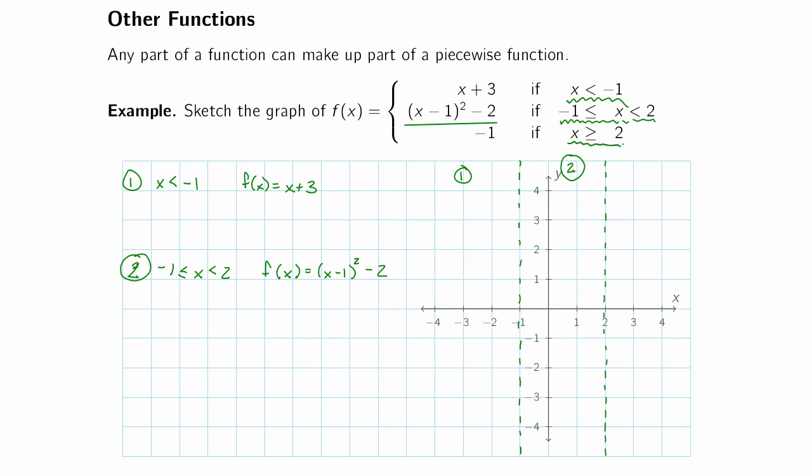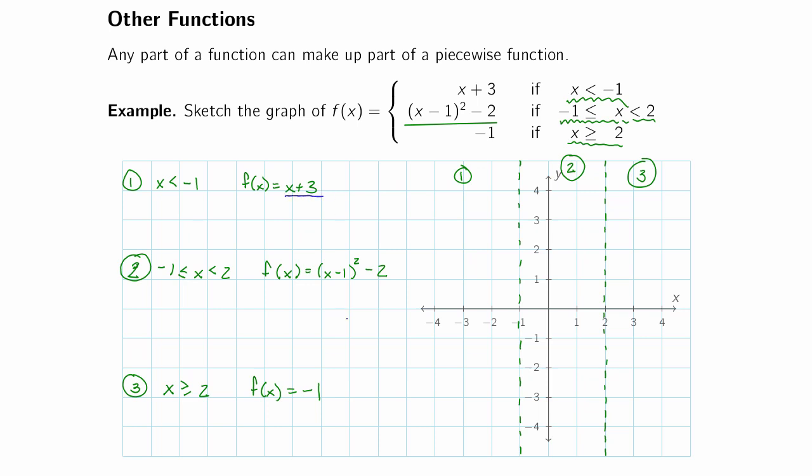Our third piece includes all the values greater than or equal to 2. So our third piece is the whole rest of the graph, and we'll make a note of that here. That's for x is greater than or equal to 2, and on that piece, f of x equals -1. Okay, how do we graph this?